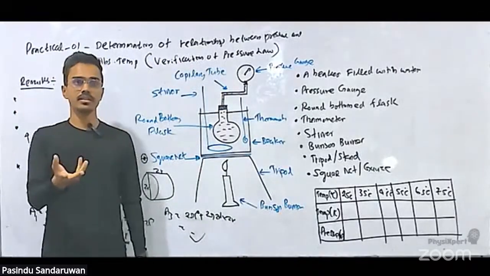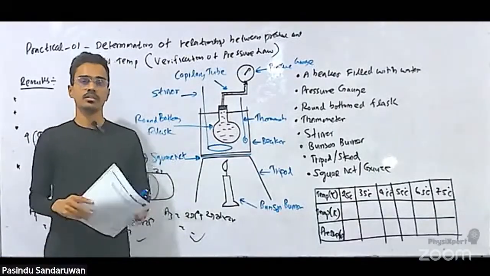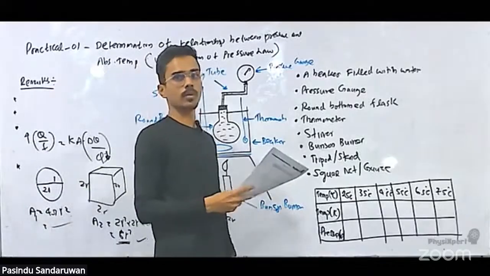It is supposed to be ideal because these equations are valid only for ideal gases, right? Within brackets, write down: but helium is used more popularly.